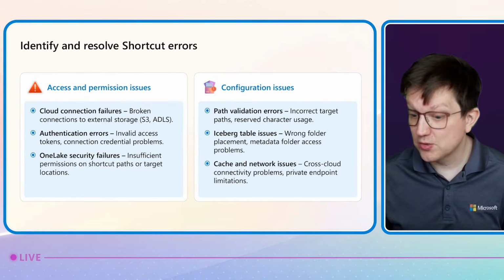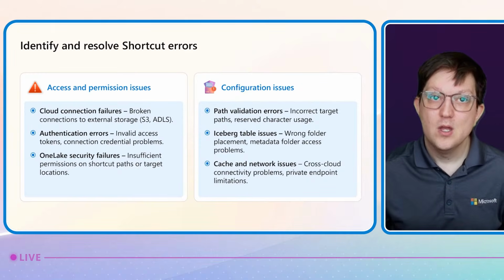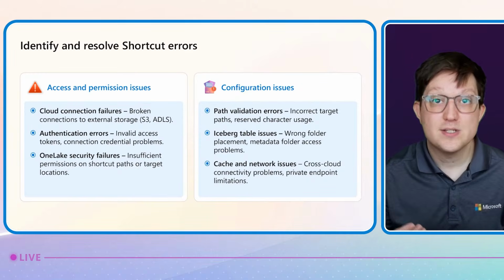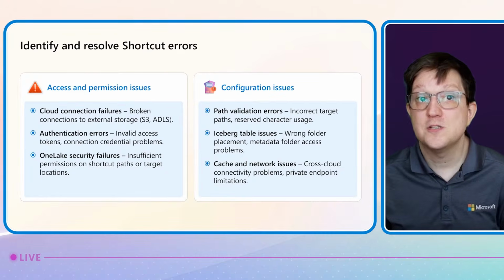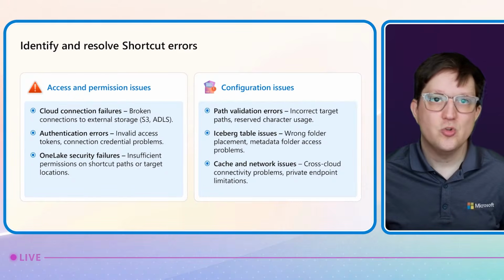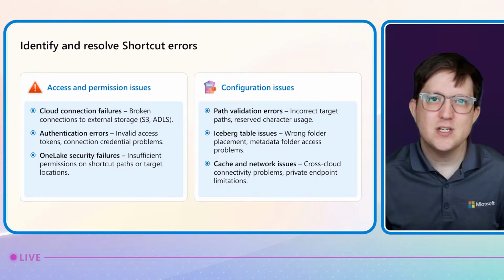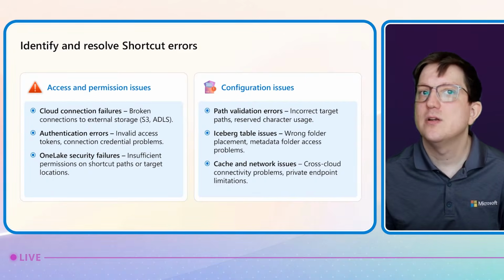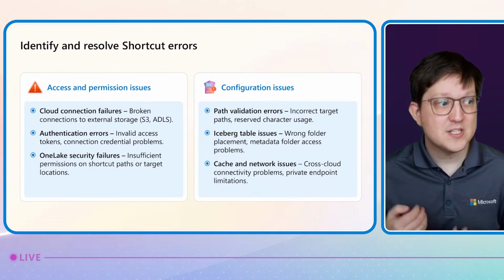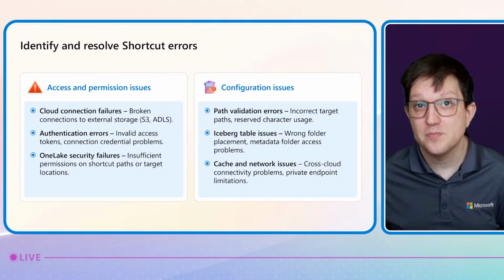So if we're connected to an external source, something goes wrong, we can identify that that's the problem there. We also have the ability to identify things like security failures, so if there's insufficient permissions. Each of these present different potential scenarios for us to start following. Don't overlook things like cache and network challenges with latency as part of this, because they're quite common, especially in initial setups when we're still understanding how this connection is going to function.